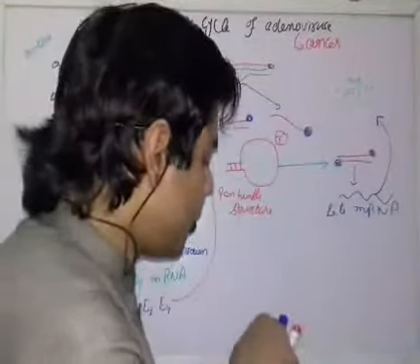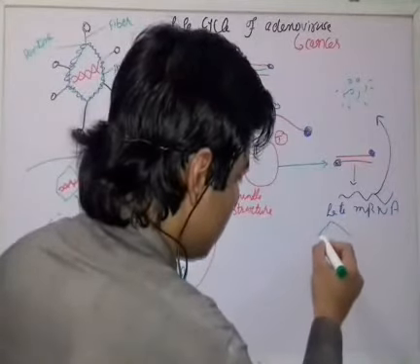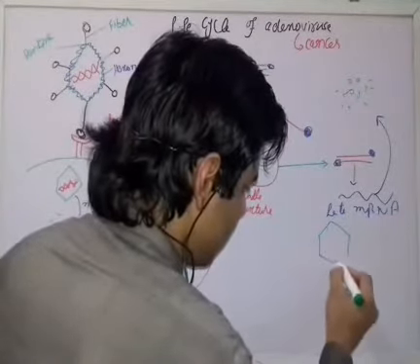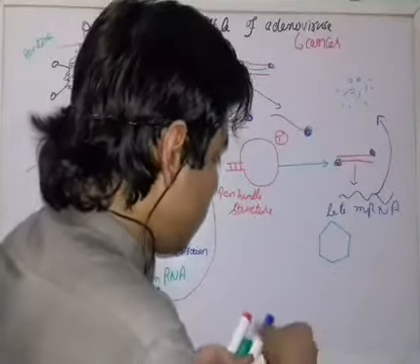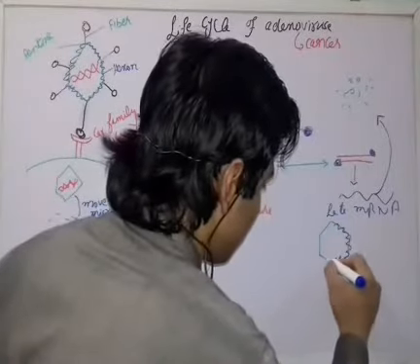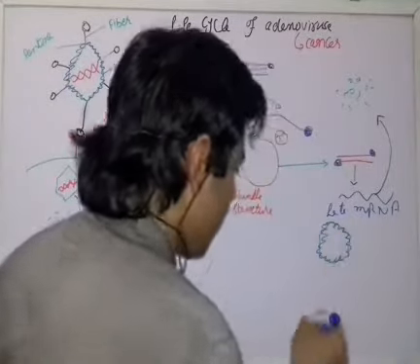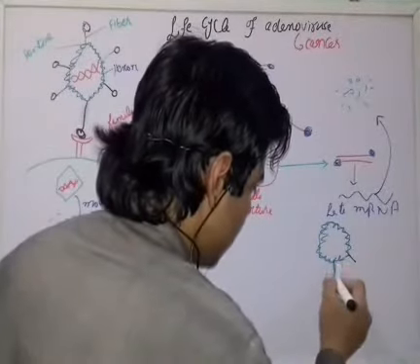Fine. So then we get the capsid area. And within the capsid the hexones are also present, and the pentones are also present.